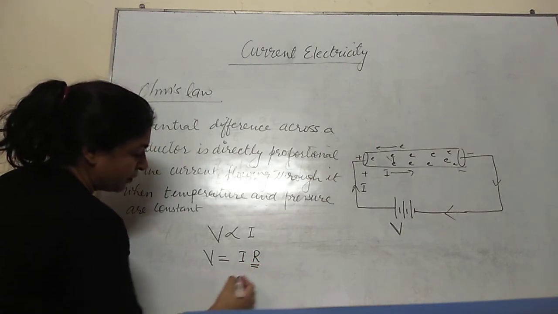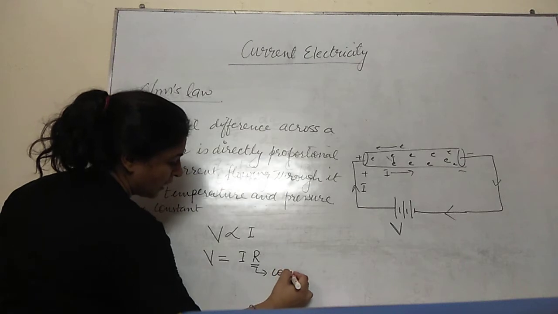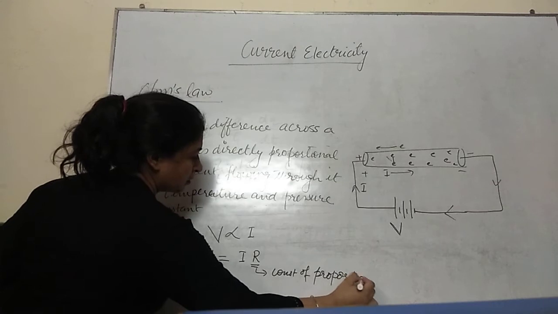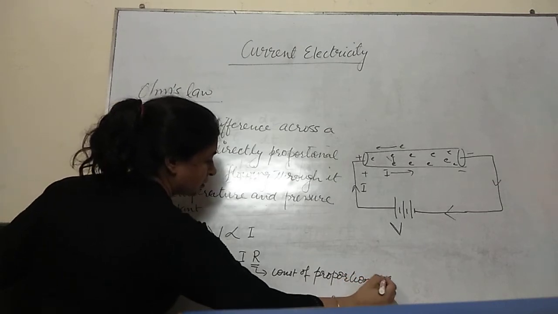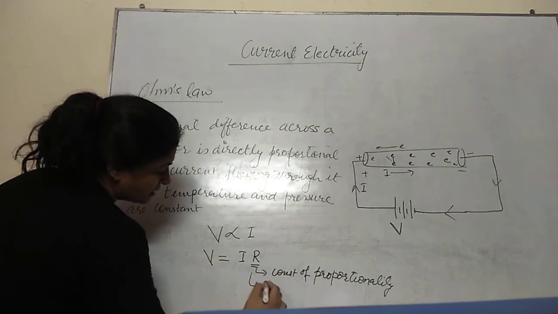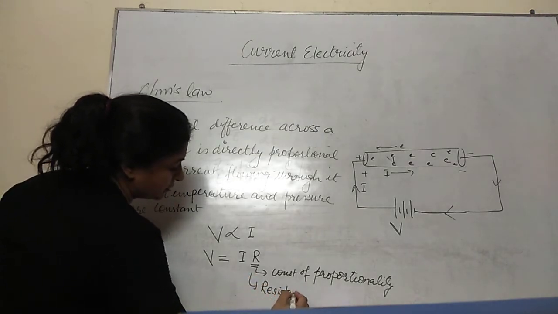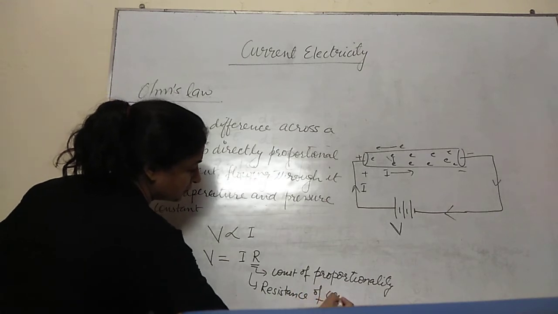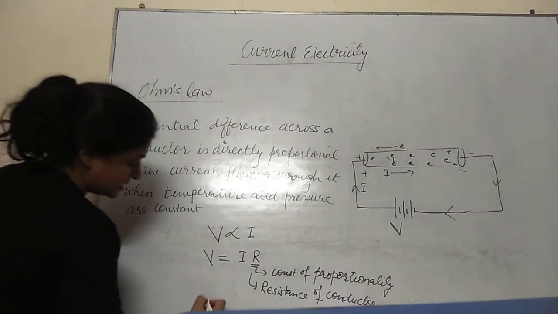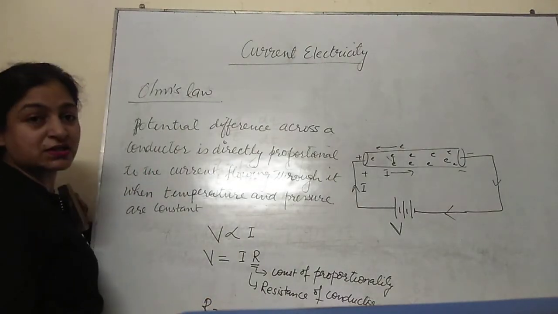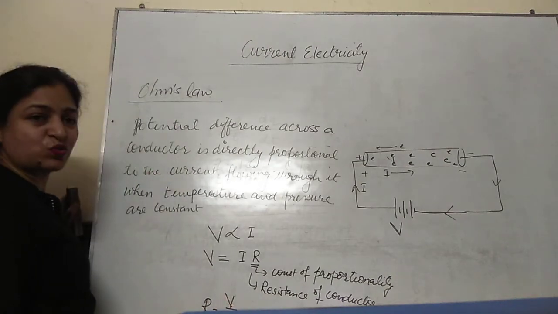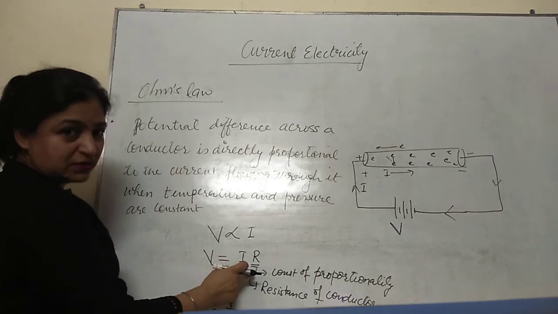This is the constant of proportionality, and it is called the resistance of the conductor. So this resistance is the hindrance in the flow of the current. So R is resistance. This is the constant of the material.